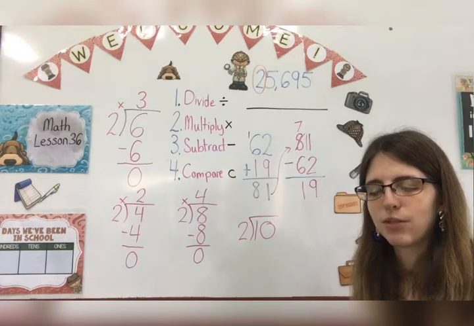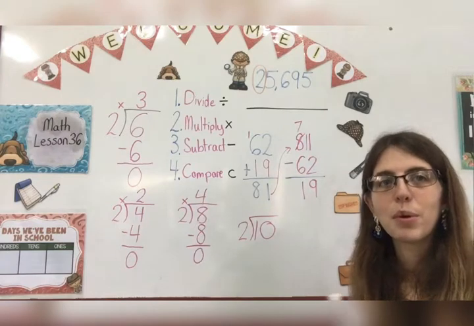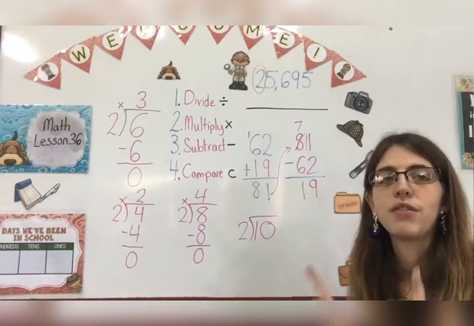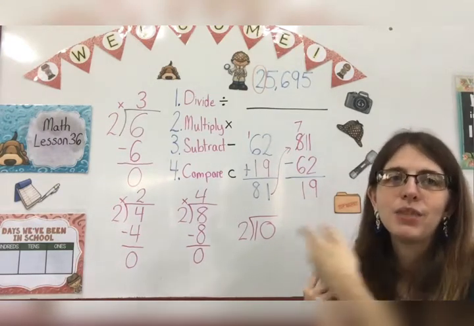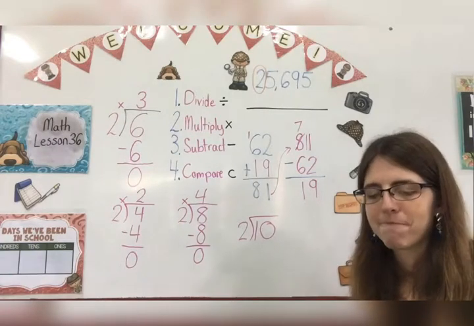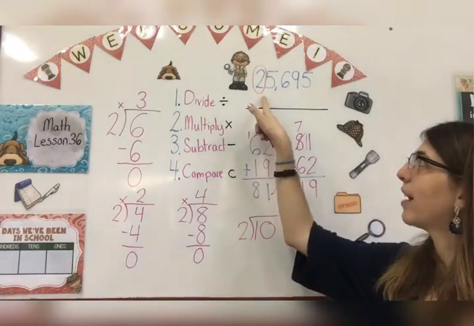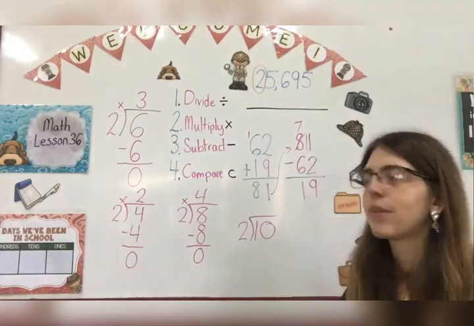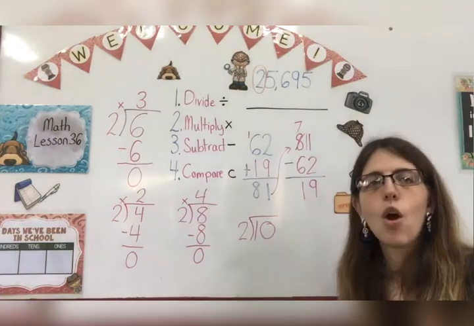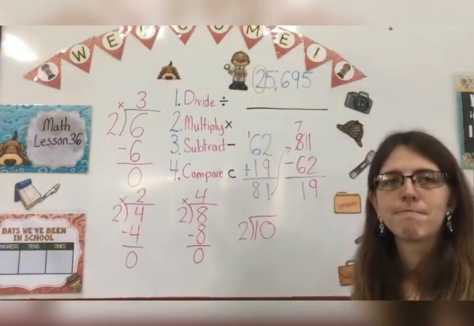Number 5 says, write the name of the place for each circled digit. Remember, we went over those in the beginning of this video. If you need to rewind and see that part again to help you with this, go for it. So letter A, I have up here on the board, 25,695. The 2 is circled. What's the name of the place that this 2 is in?